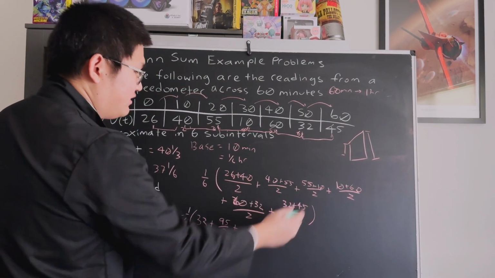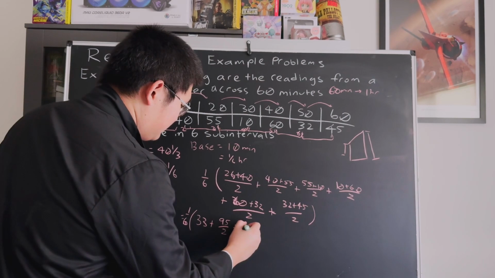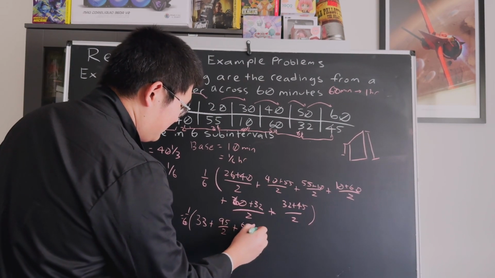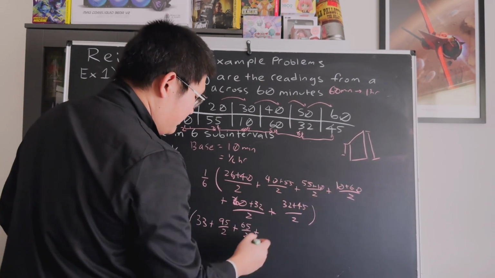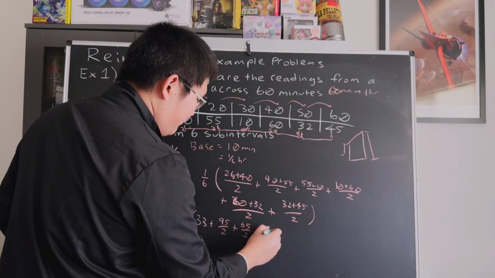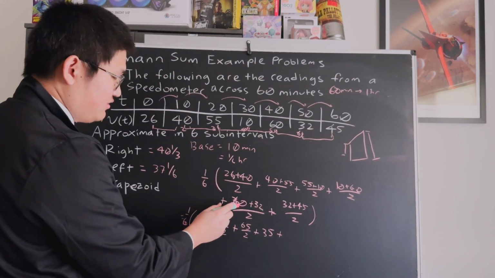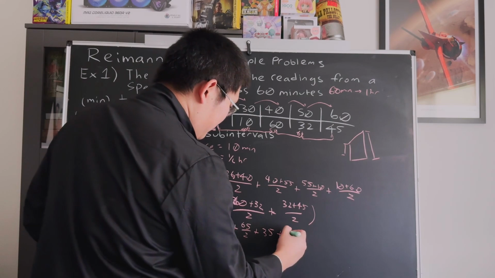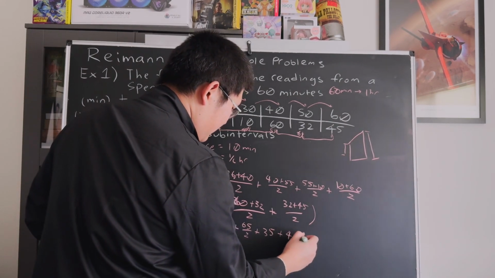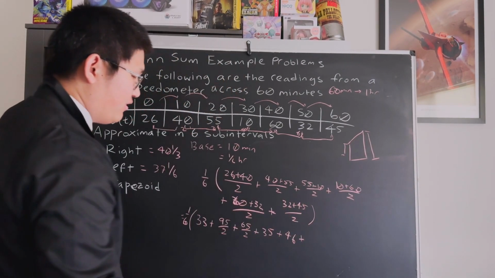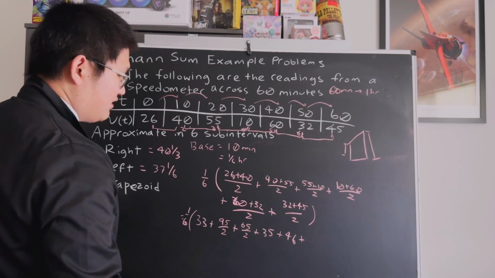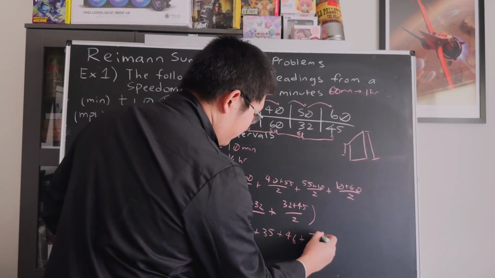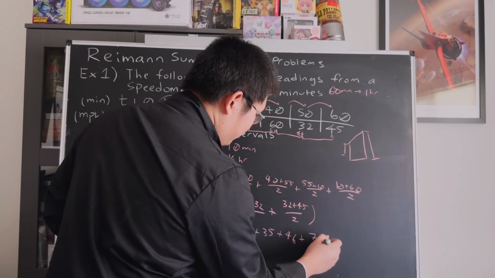And then next we have 55 and 10, so that's going to be 65 over 2. And then we have 70 over 2, which is the whole 35. And then down here we have 60 and 32 makes it 92 over 2. So that will give us a lovely 46. And then 32 and 45 over 2 makes it 77.